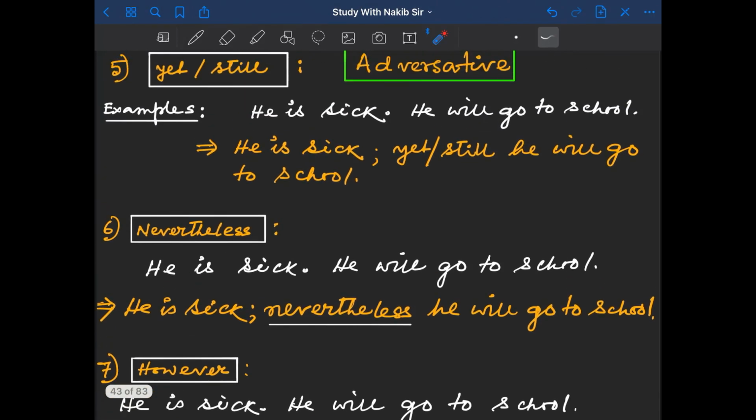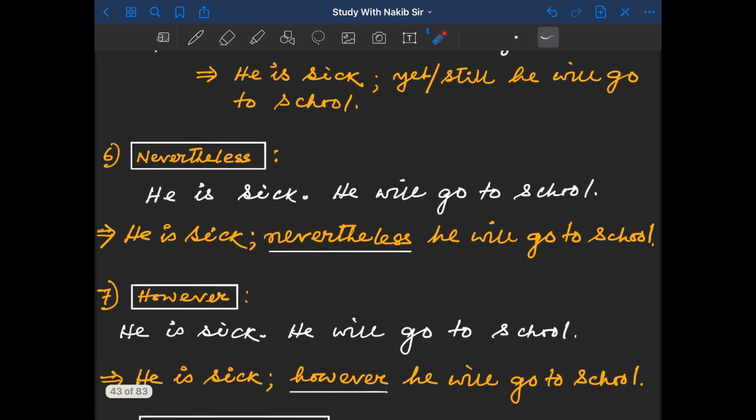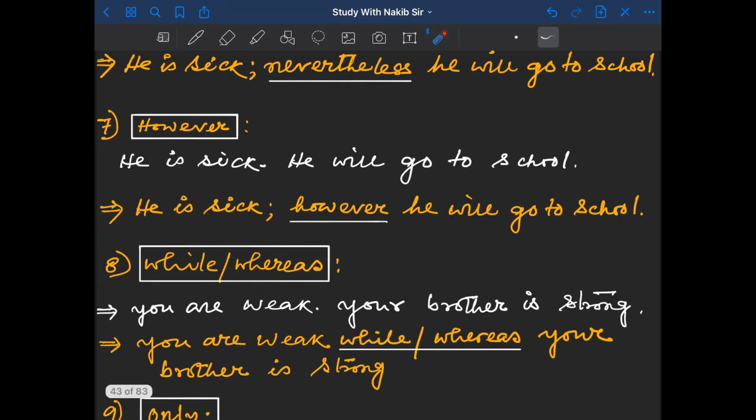These two sentences can be combined this way by using either yet or still, or by using nevertheless this way, or by using however this way. Okay, these three ways. This is another one, is indicating the same opposite ideas, contrast. See the example, then your idea will be clarified. See, you are weak.